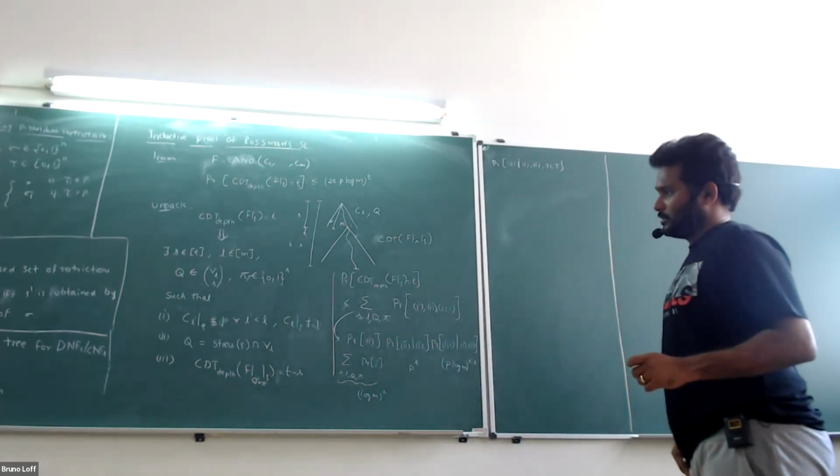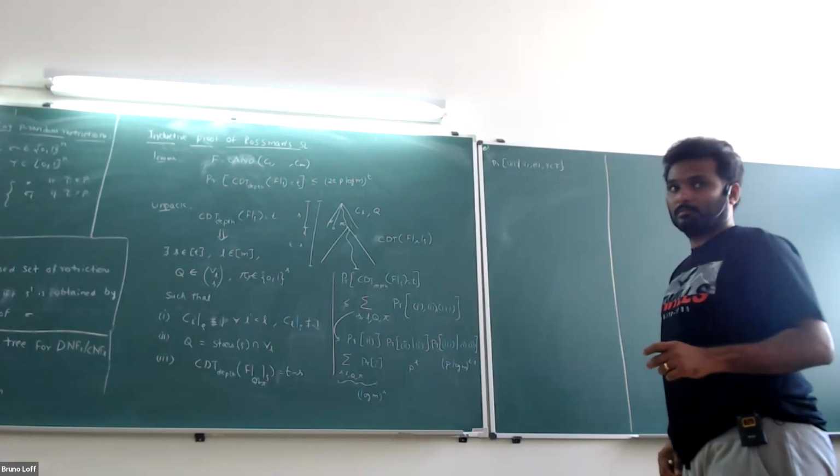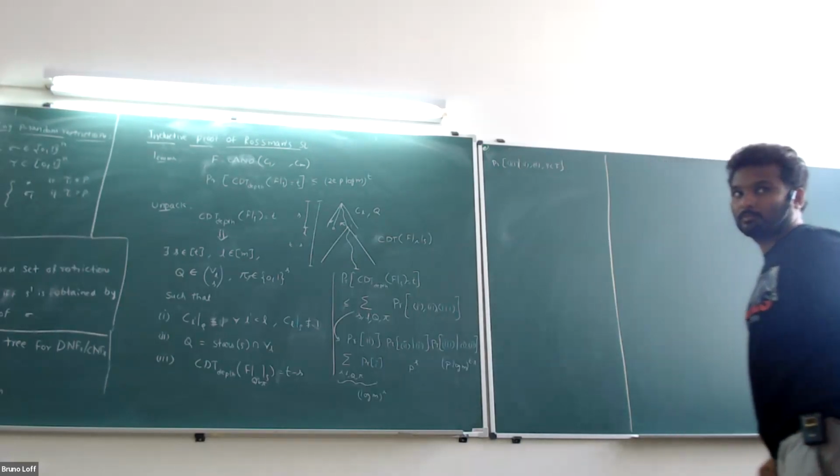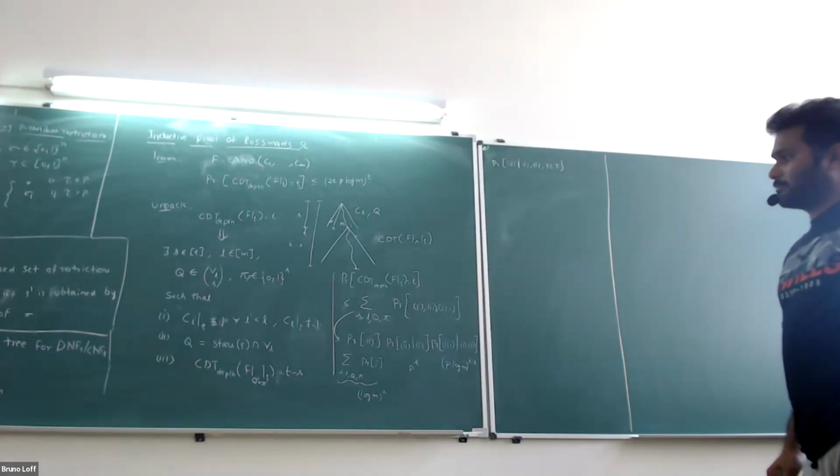Isn't rho, don't you actually want that rho composed with pi goes into Q is now in this set F, I guess?